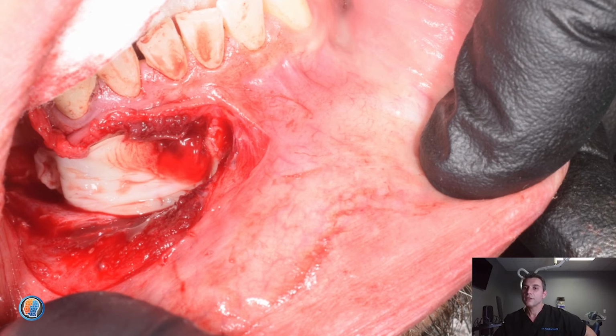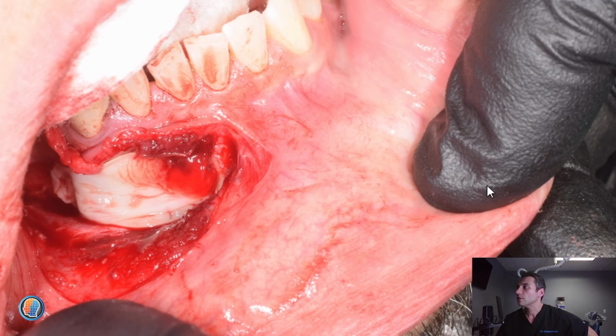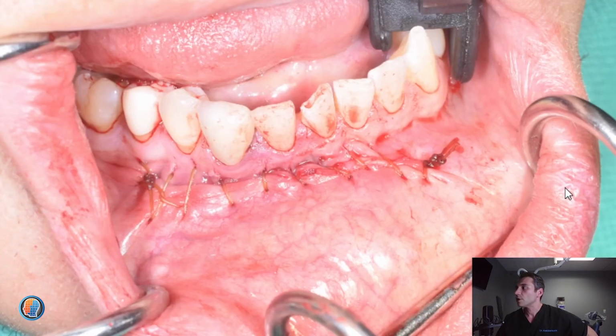If you want to see how we harvest this platelet-rich fibrin, I'll put a link so you guys can see. This platelet-rich fibrin really helps with soft tissue healing. I find it's extremely helpful, and I'll show you how this case healed. And we suture everything together.